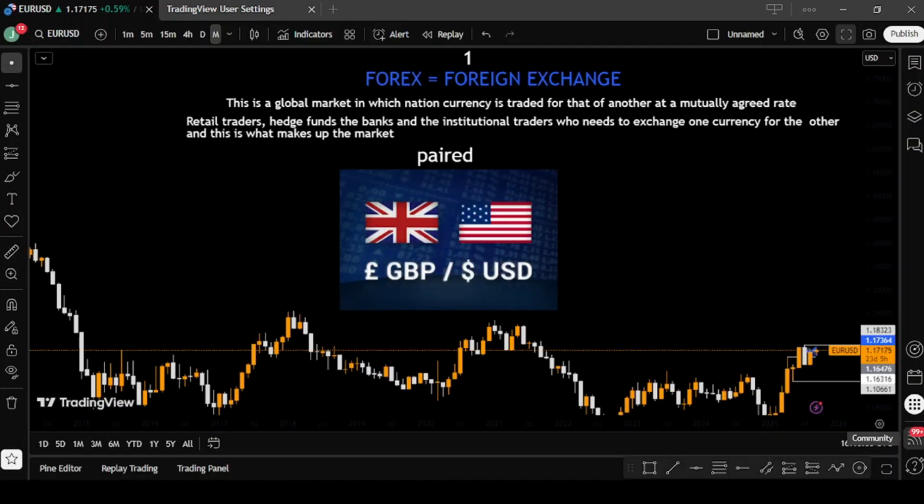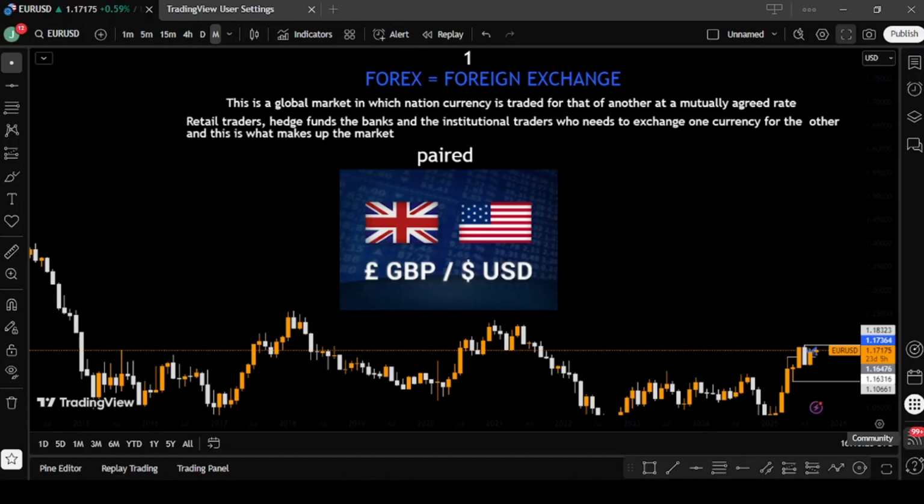Some people have been asking how much we can make trading forex. The answer depends on your individual skill set and your trading account balance, which is equal to your return or profit.